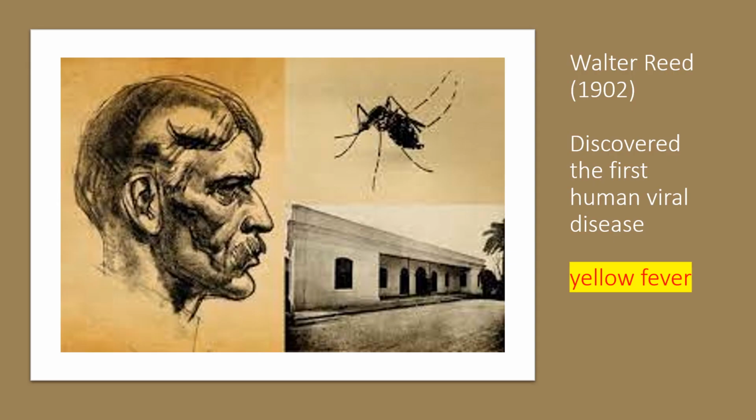Slowly, the development of virology started gaining pace. Many people started working on viruses causing different types of diseases. One such disease was yellow fever, which was afflicting many parts of the world. Walter Reed, working in Cuba, proved that yellow fever was caused by a virus, and not only that, this virus was transmitted through the bite of infected mosquitoes.